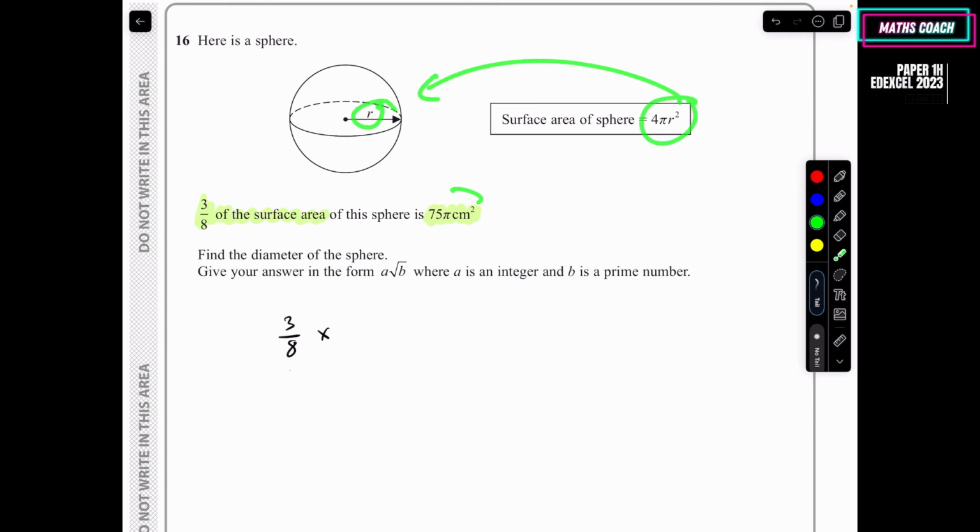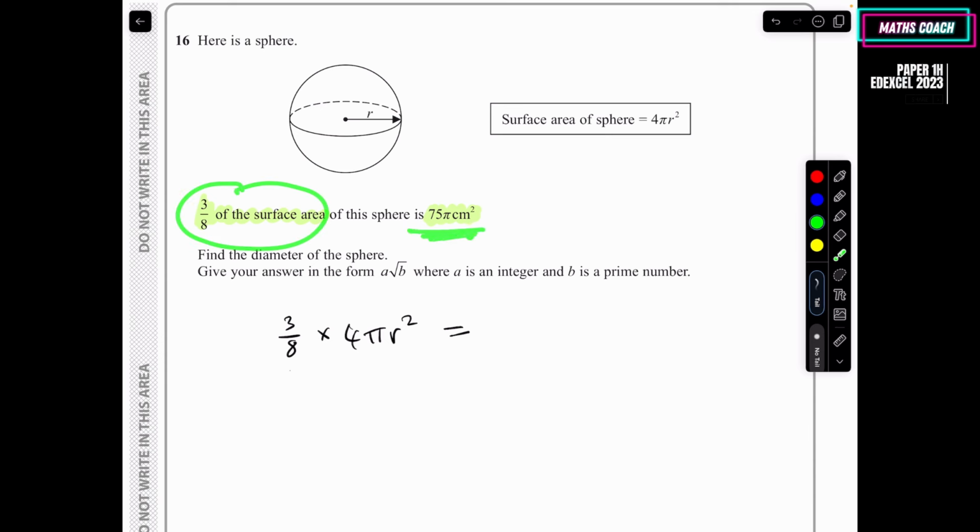Now everything's in general, we're using r's, so we can say 3/8 of 4 pi r squared is equal to what? It said 3/8 of the surface area is equal to 75 pi, so we can write 75 pi centimeter squared. So now, if we find the value of r, we can multiply that by 2 to find the diameter of the sphere. All right, let's go.